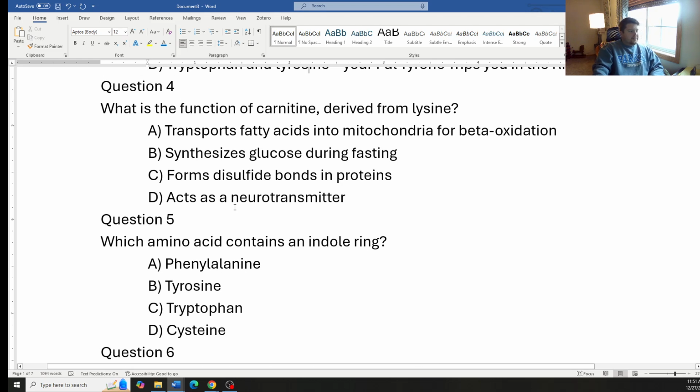Next, what is the function of carnitine, which is derived from the amino acid lysine? Transports fatty acids into the mitochondria for beta oxidation, synthesizes glucose during fasting, forms disulfide bonds in proteins, or acts as a neurotransmitter?